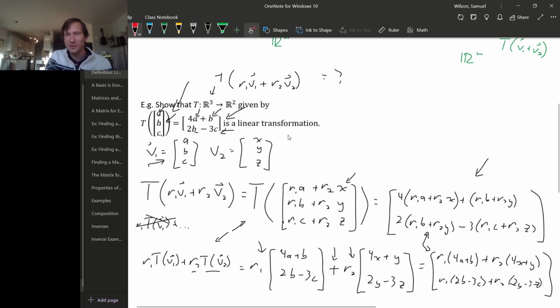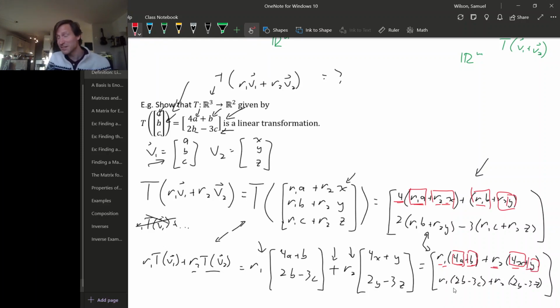If you look carefully and imagine distributing everything out, here's a 4R1A, there's a 4R1A, so those match. I'll put a box around everything that matches. Here's an R1B, there's an R1B. Here's an R2 4X, there's an R2 4X. Here's an R2Y, and there's an R2Y when you distribute that.